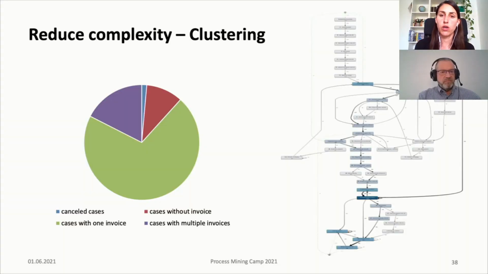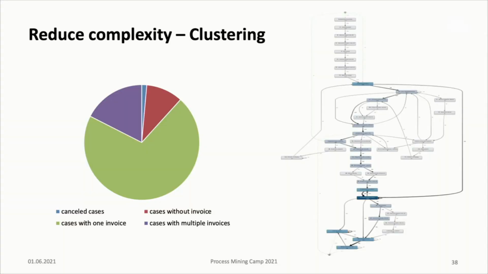And by combining these two simplification strategies, we got nice process maps we could really work with. So we could do our cross-checking with the should process and also find deviations from the should process, certain strange process paths, and make our explorative analysis here.